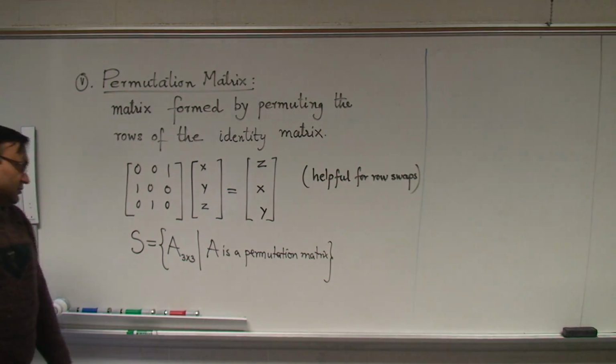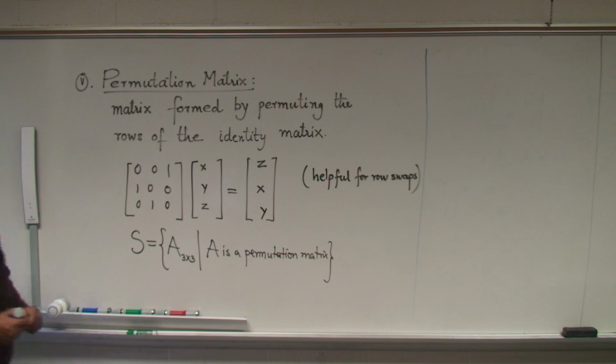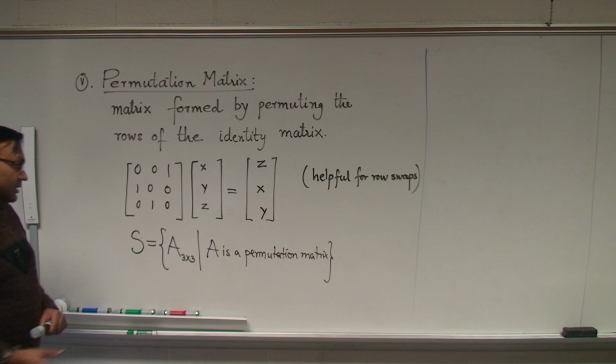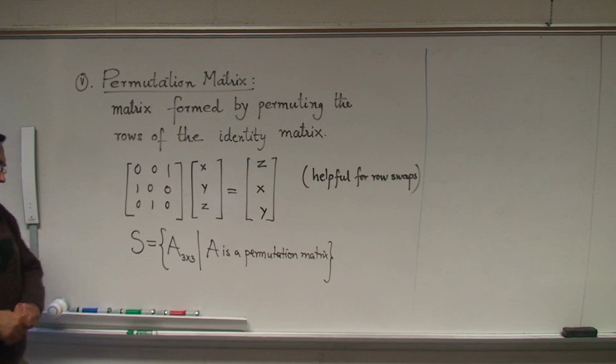You can see that this set is closed under multiplication. What it means is if I take a matrix A and a matrix B, both of them permutation matrices, then the product of those two permutation matrices will still be a permutation matrix.